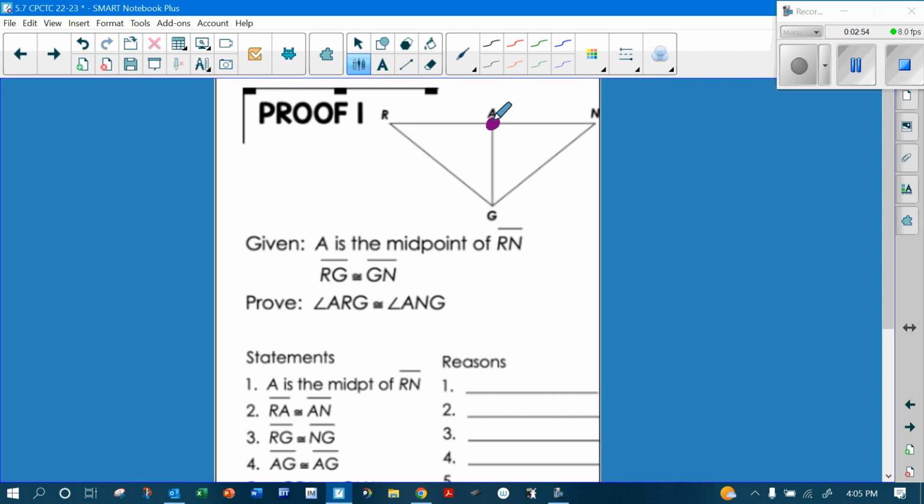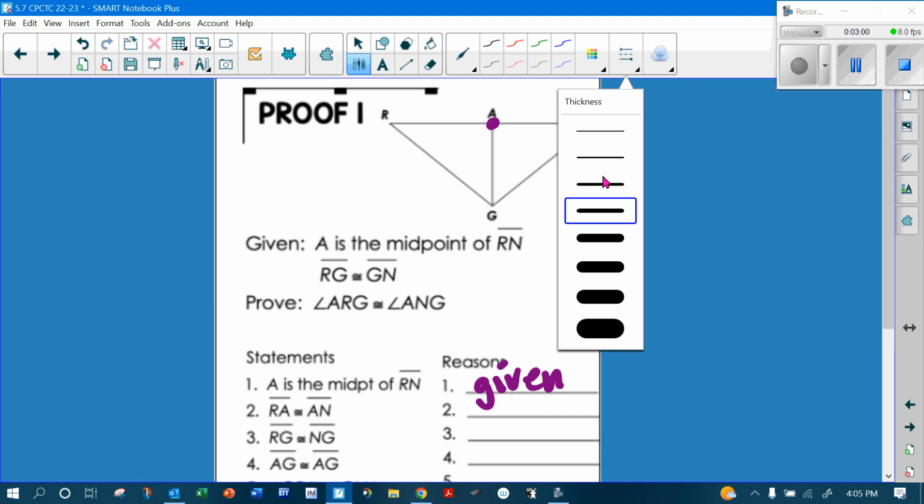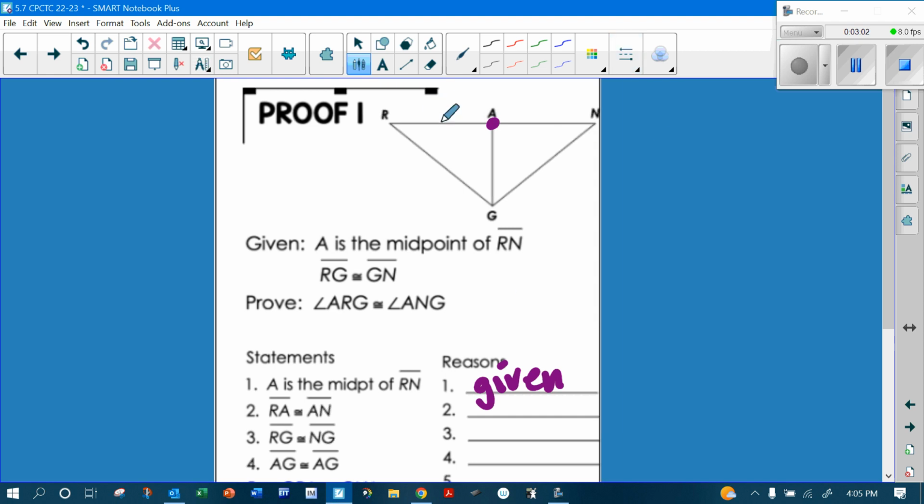If A is the middle of RN, I immediately know that those two things are equal to each other because that is the definition of a midpoint. So always remember, if they tell you something's a midpoint, your very next reason is going to be definition of a midpoint. You just have to show me which two things.